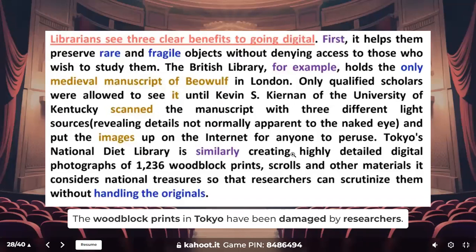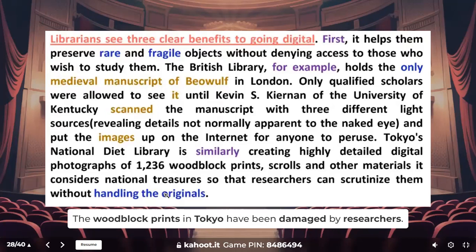And this is why they are creating detailed digital photographs of these originals. It means that they are not damaged. But this is the question: do we have something in this paragraph that tells us that the originals have not been damaged? Do we have this piece of information?